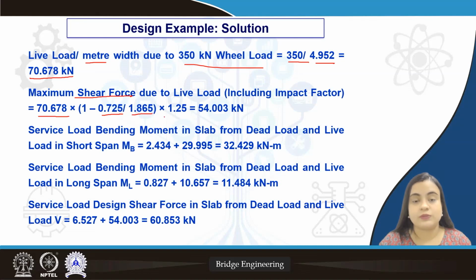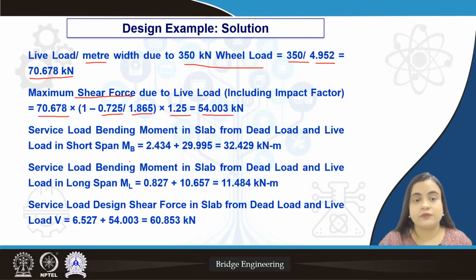That needs to be multiplied by impact factor of 1.25. So this calculation is done using the fundamentals of mechanics, and that is equal to 54.003 kilonewton as maximum shear force due to live load.